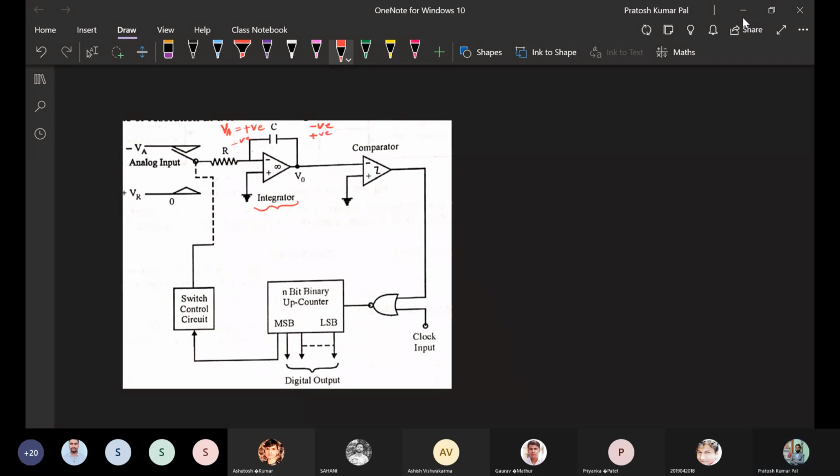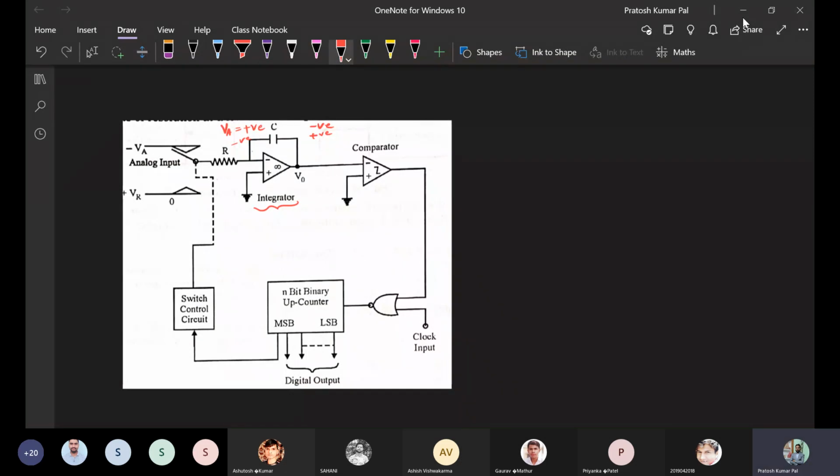That output will be compared with respect to 0. If it is positive, the comparator output will be 1. If it is negative, it will be 0. So if the analog input voltage is positive, the integrator output is negative, and the comparator output will be a negative value, that means a 0 value.